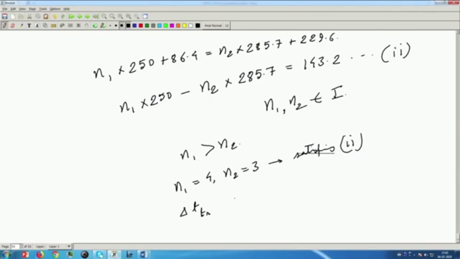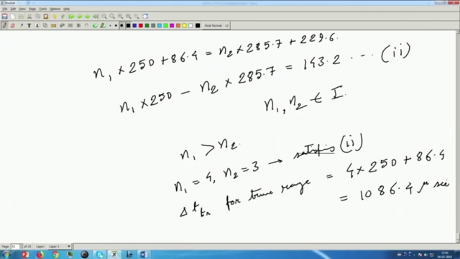So, delta TR for true range will be 4 into 250 plus 86.4, that is 1086.4 microsecond.